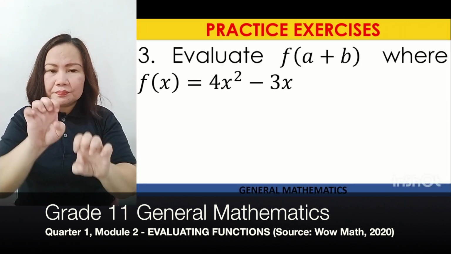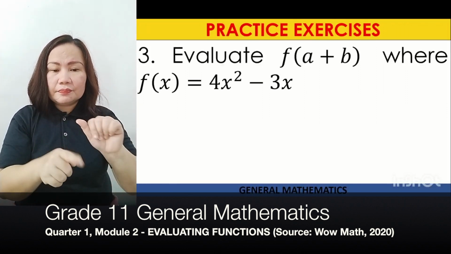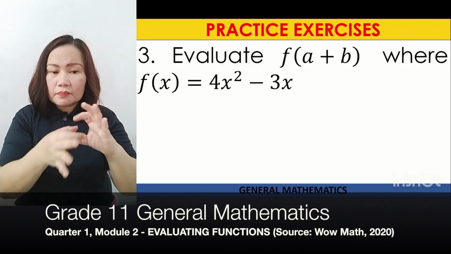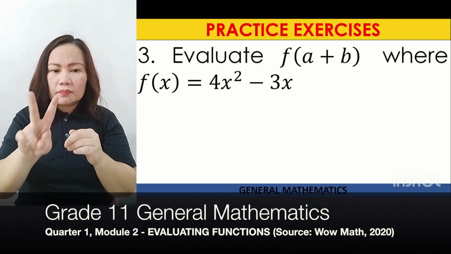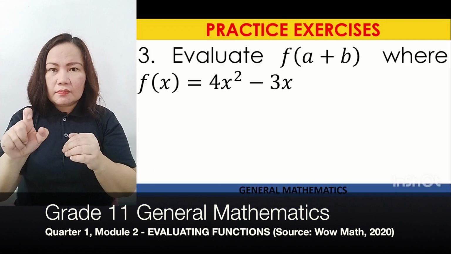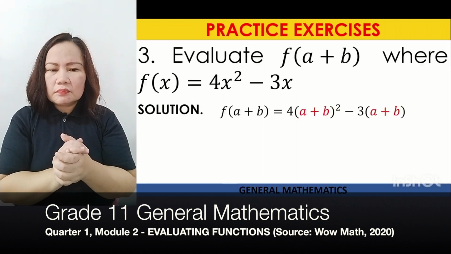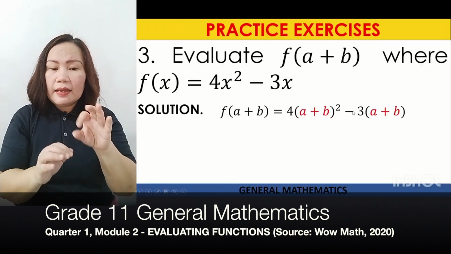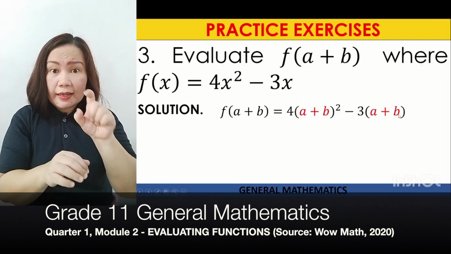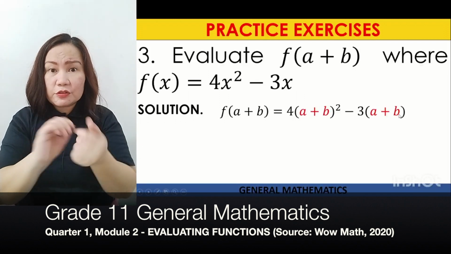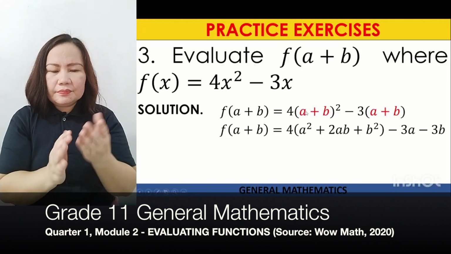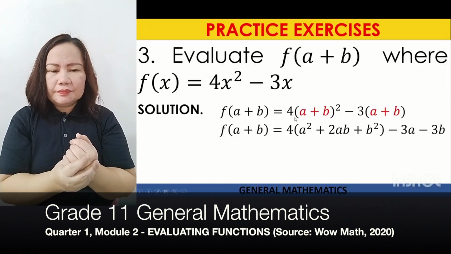Evaluate the function a plus b, where the function of x is equal to 4x squared minus 3x. Kagaya kanina, palitan natin yung mga x natin. 4 times a plus b squared minus 3 times a plus b. So, ito muna yung una nyong gagawin.